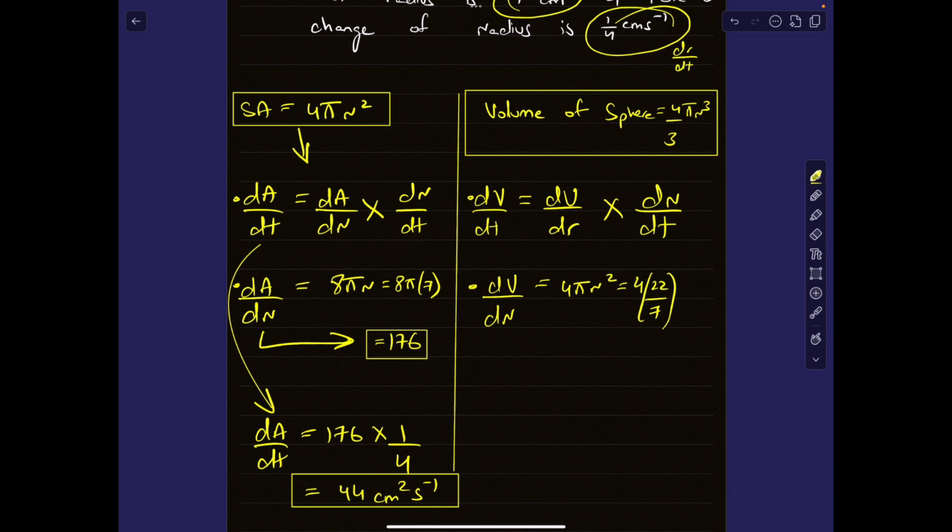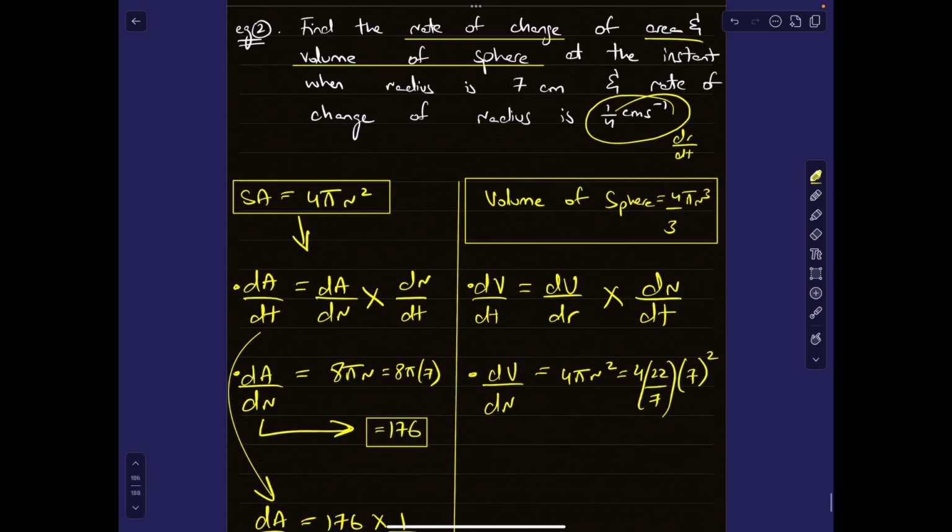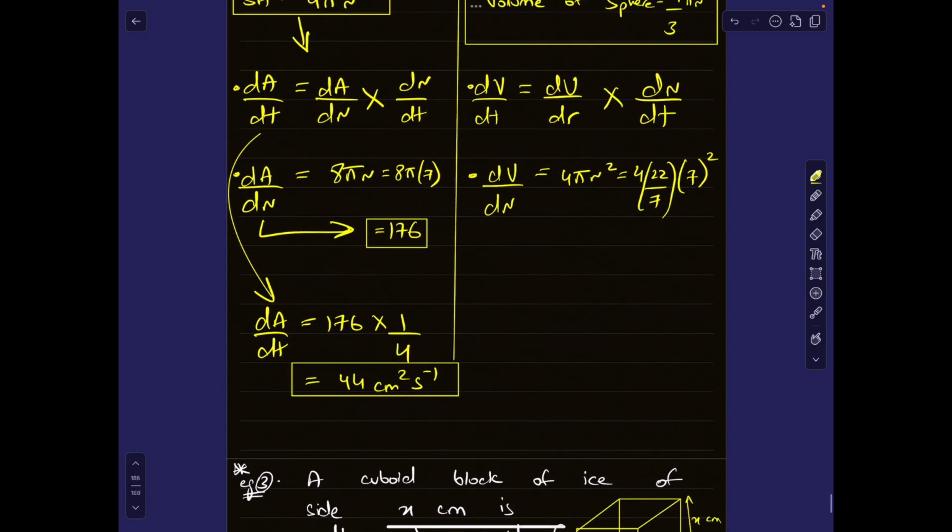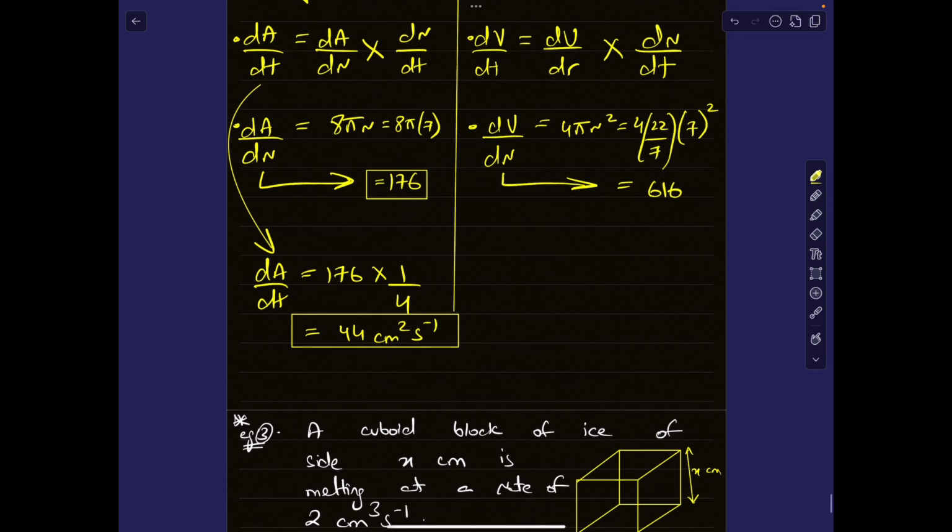Pi is 22 over 7 and r is given as 7 centimeter. Thus, this is our dV over dr.